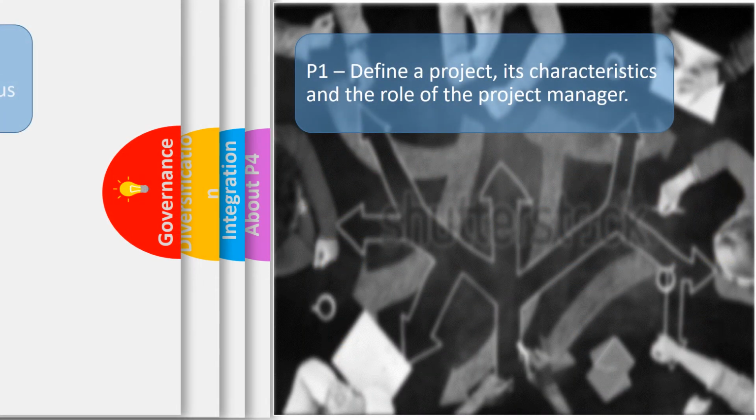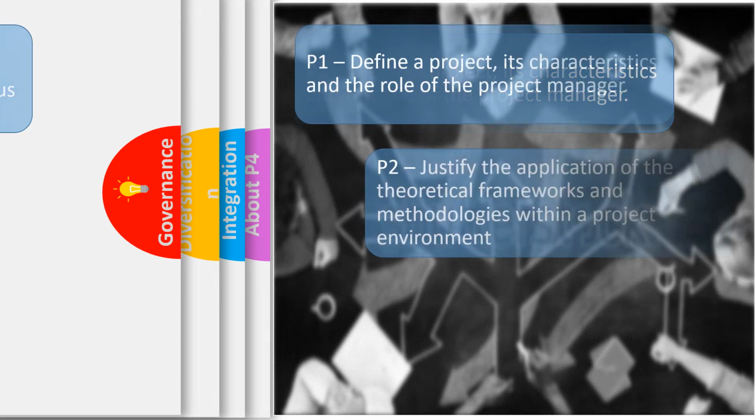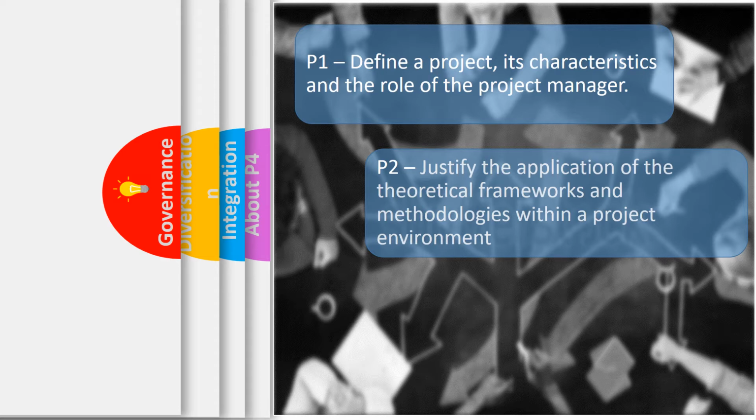So looking at the questions first, question 1 says define a project, its characteristics, and the role of the project manager. So these first 3 questions you did in your first assignment, which was a poster presentation of 20 minutes. Question 2: justify the application of the theoretical frameworks and methodologies within a project environment.